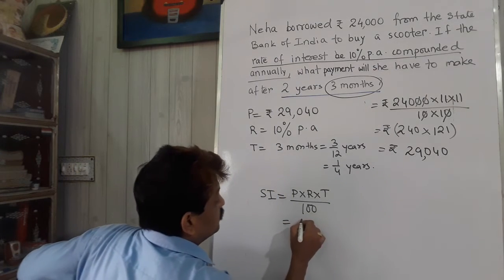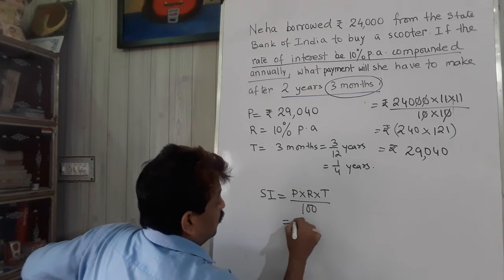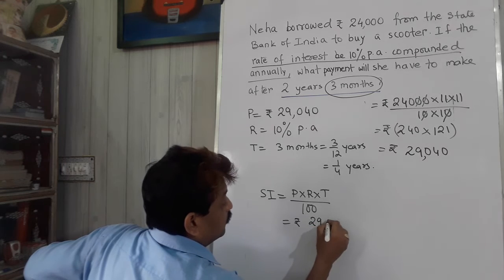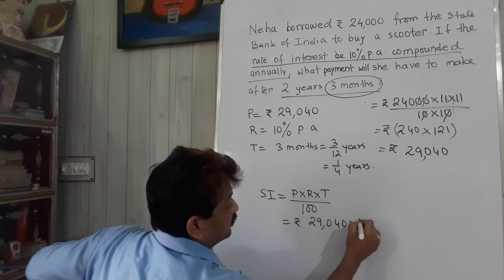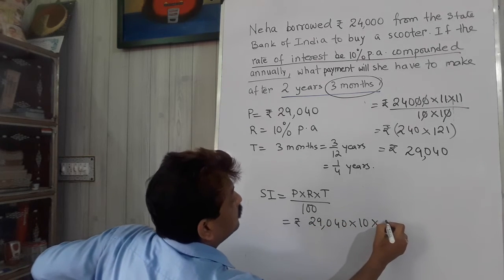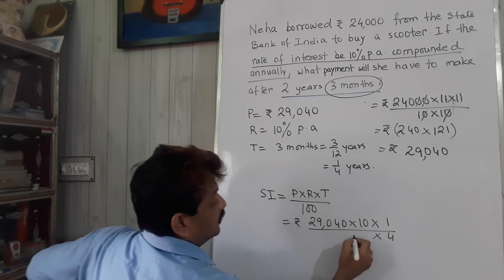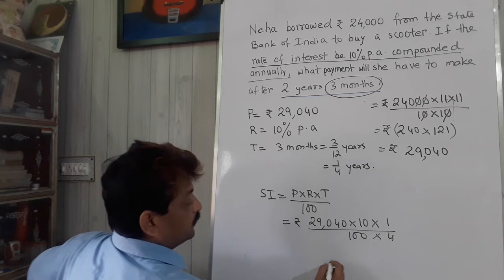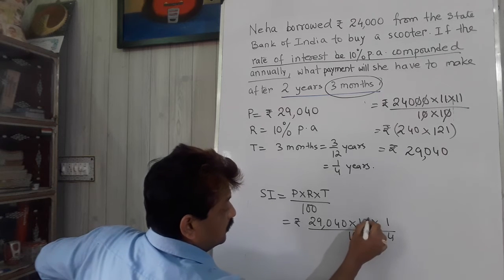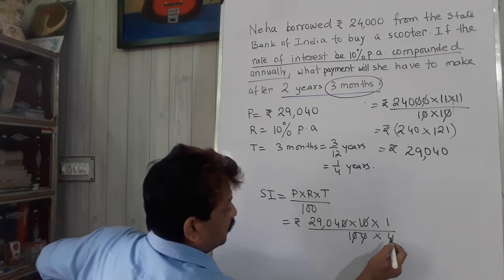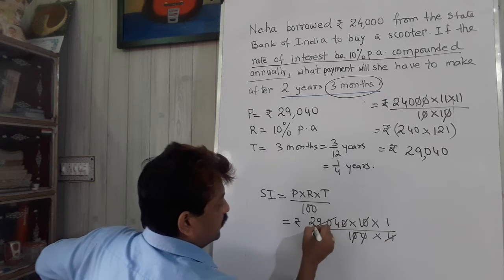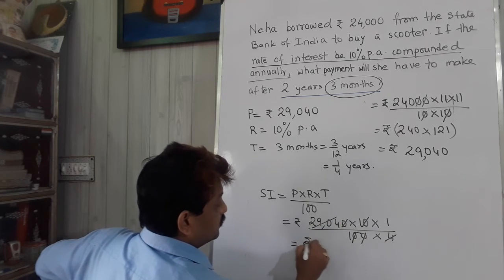So principal is rupees 29,040. Rate of interest is 10%. Time is 1 upon 4 and 100. So 0 cancelled. 29 plus 2904 rupees.